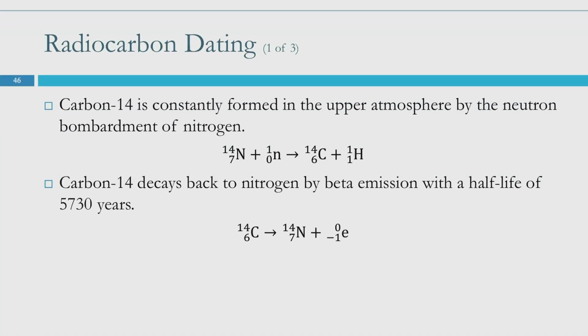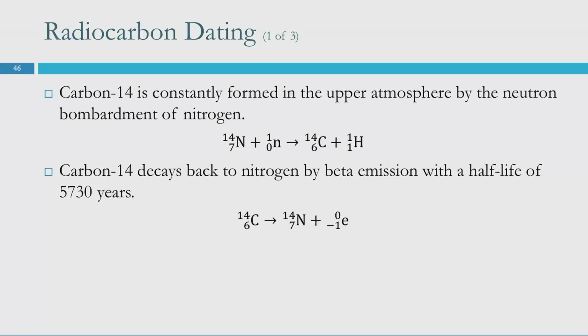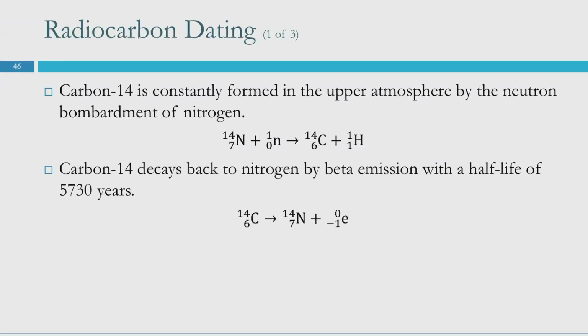The way that radiocarbon dating works, which is more important, is that carbon-14 is unstable. It's constantly being formed in our upper atmosphere because the atmosphere blocks a lot of radiation from coming and giving us as much cancer as it wants.